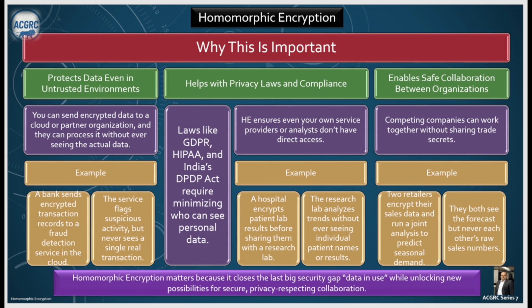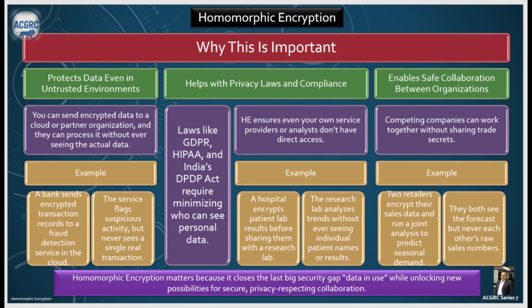The research lab analyzes the trend without ever seeing individual patient names or their results, thus helping you with the privacy laws and the required compliances. Think through the protection it is providing you today, and with the introduction of homomorphic encryption, what a giant leap it would be in this space.